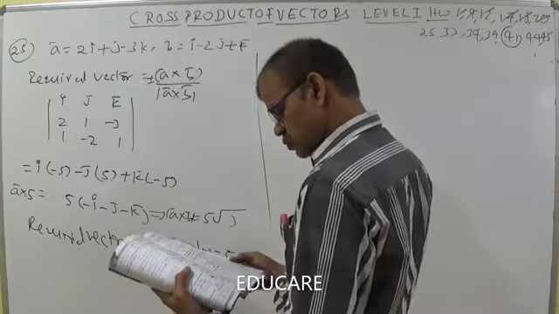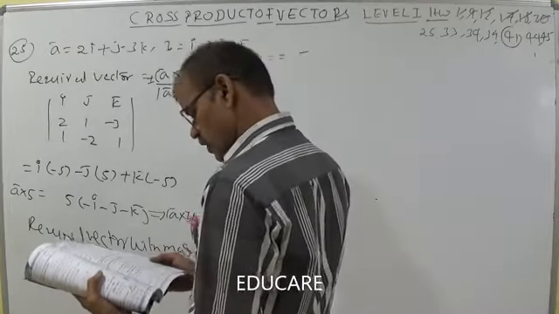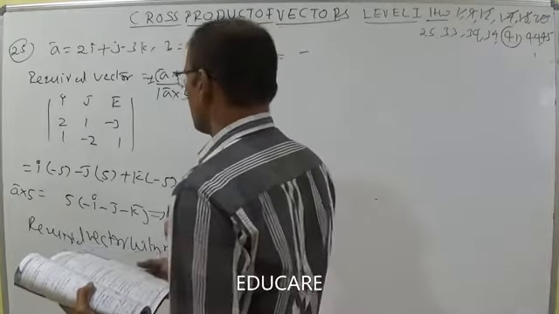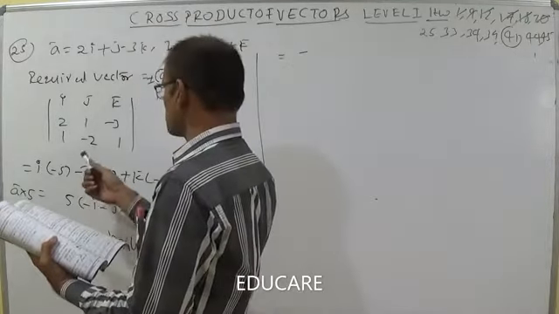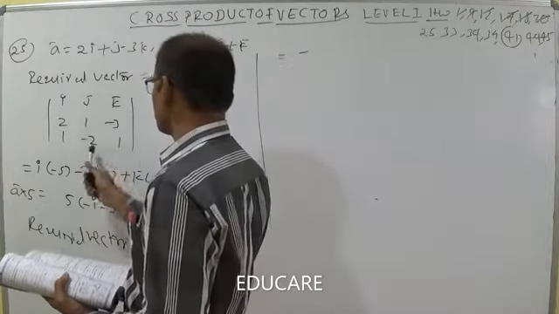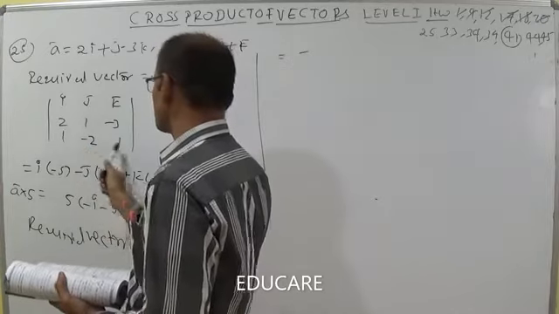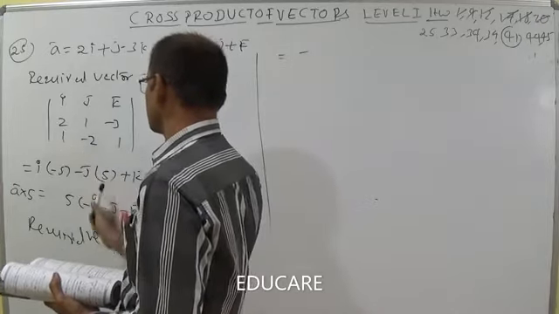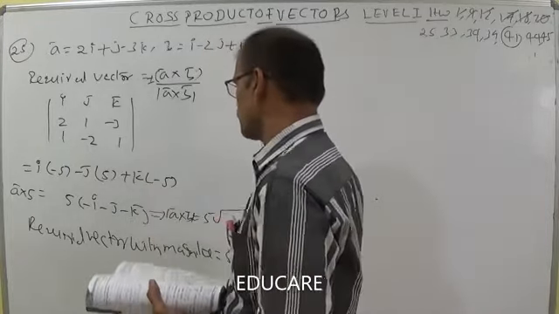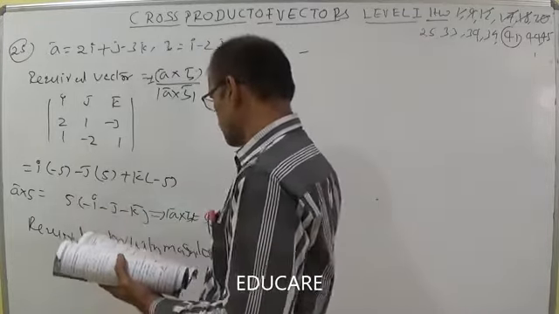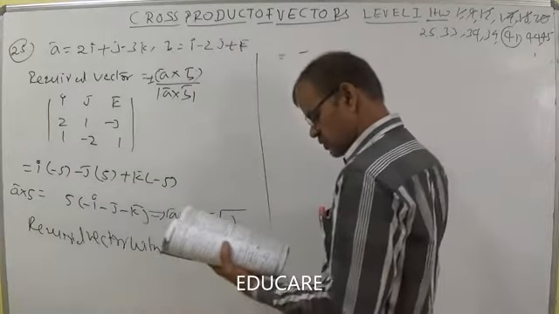25th question. 2, 1, minus 3; 1, minus 2, 1 is there. i into the vector 2, 1, minus 3, 1, minus 2, 1: i into 1 minus 6, minus j into 2 plus 3, plus k into minus 4 minus 1, minus 5. Total minus taken common. Then you can write here plus value.